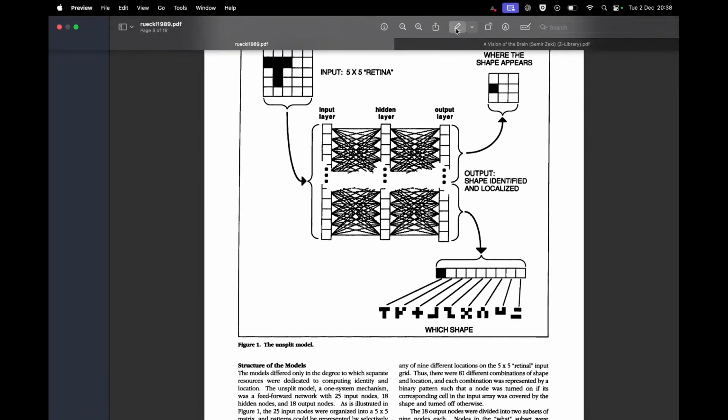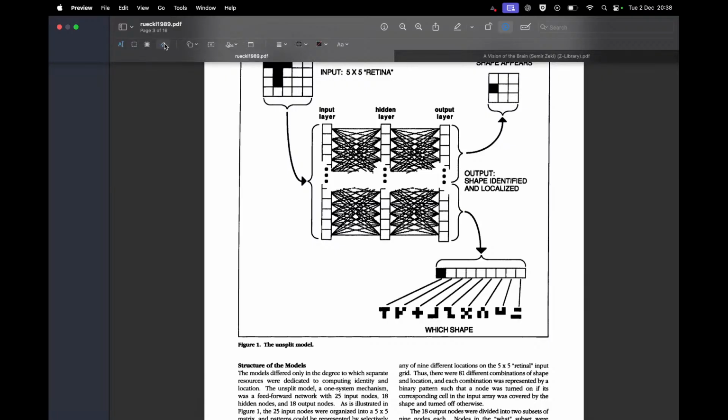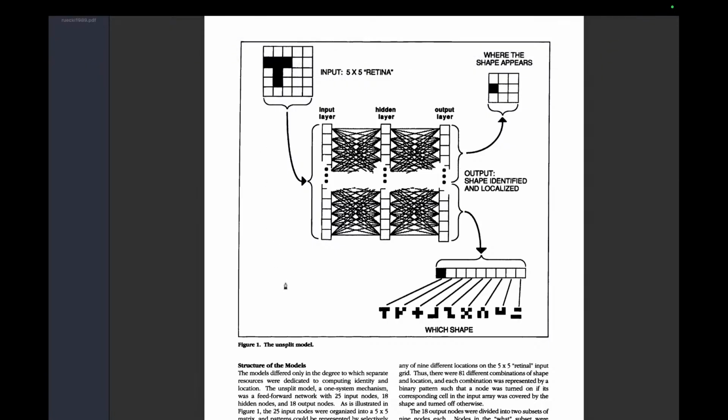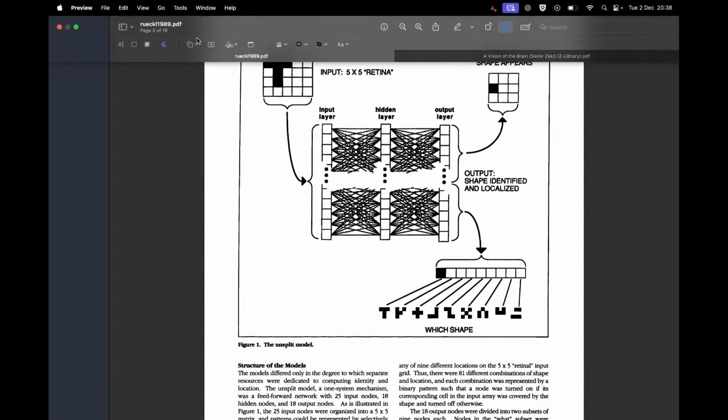So if I just grab this, actually grab this and scribble. So for example, hidden unit, as we can see here, H, this is wrong. I need a free flowing thing here.